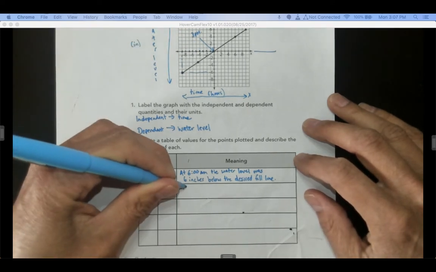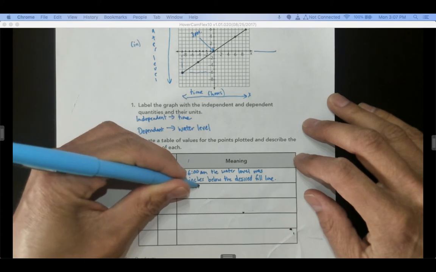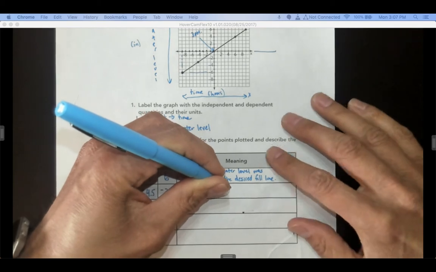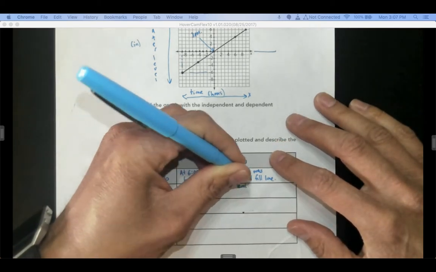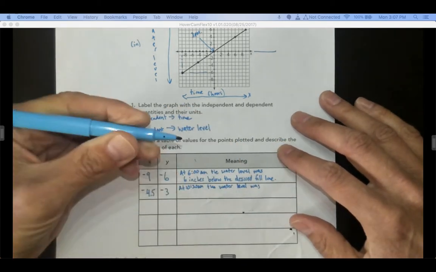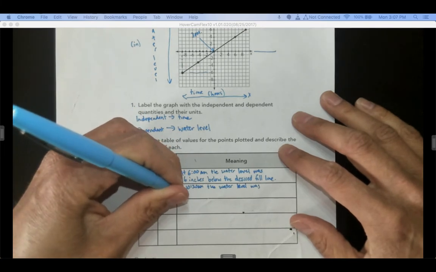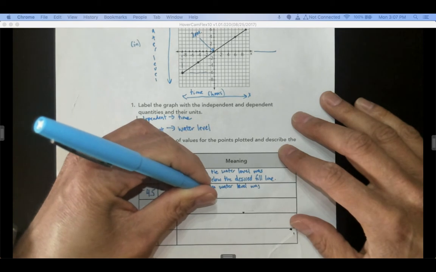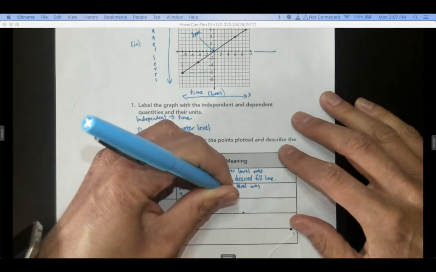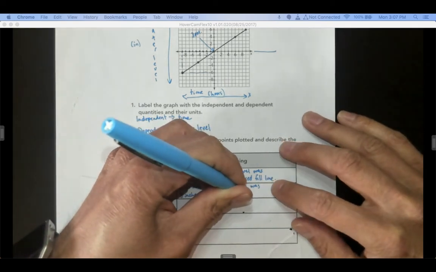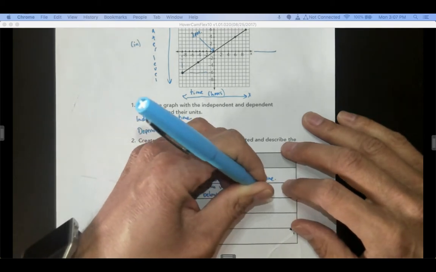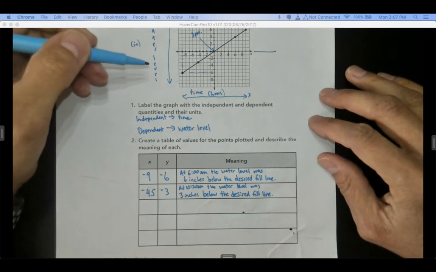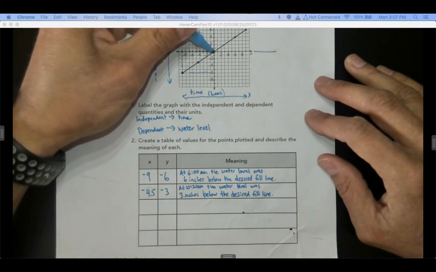So at 10:30 a.m., the water level was 3 inches below the desired fill line.